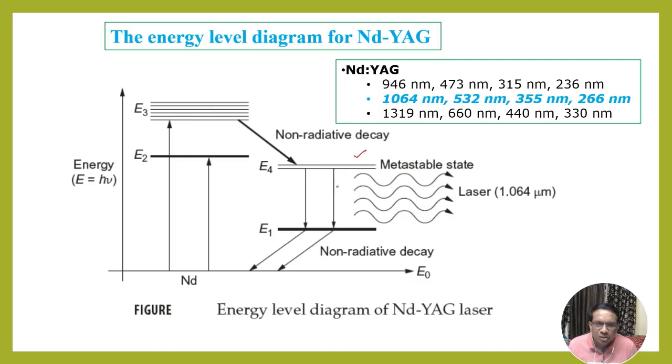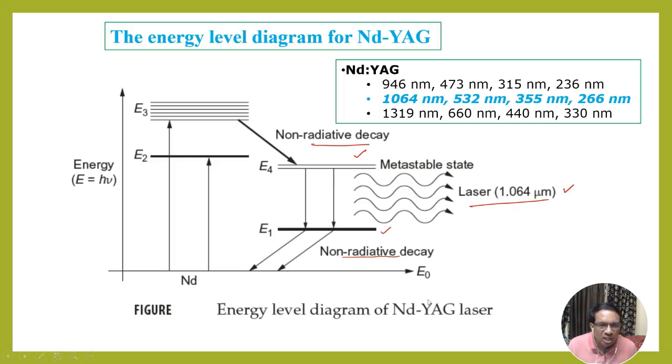From the metastable state to the next state, when it moves, it releases the laser at 1064 nanometers. And from E1 downward, it's a non-radiative decay. It only produces heat, no light. So this transition is the one that actually produces the laser.